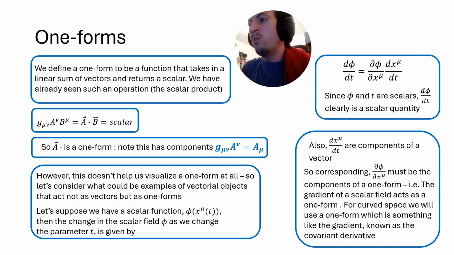And if we put all the components of our one form together, we end up with our overall one form, and that overall one form would be the gradient of our scalar field. So the gradient of a scalar field is an example of a one form.